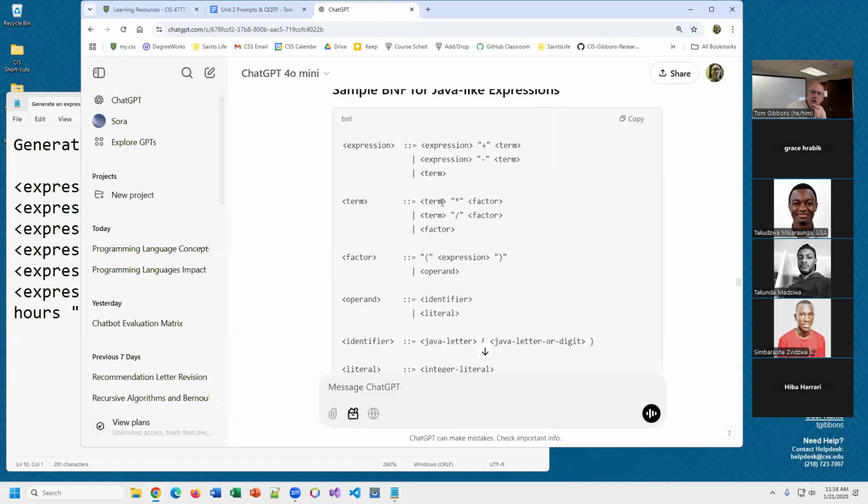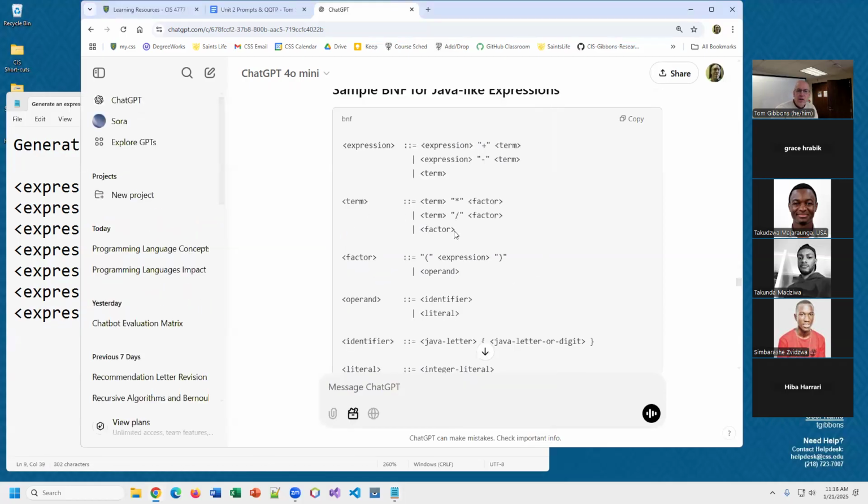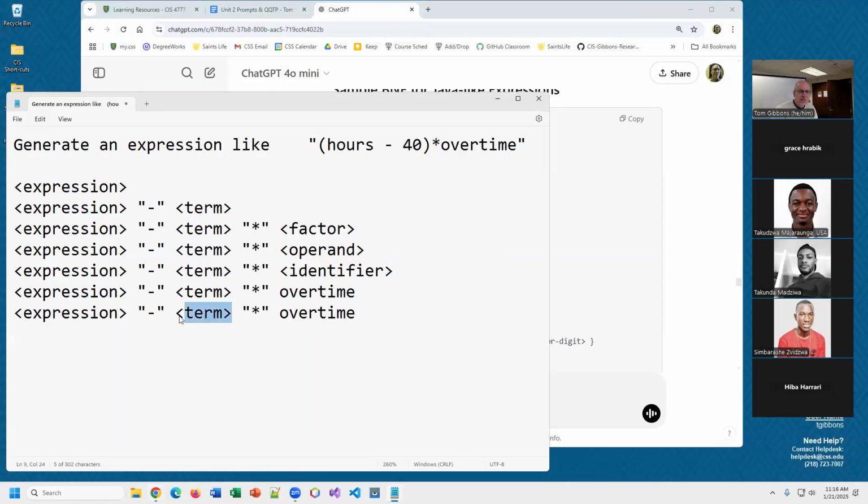So for term, I could convert the term into a factor and the factor into parentheses. So let's try that route. So again, I've got this. And then for a term, I can just make that into a factor. Okay, so I got closer.